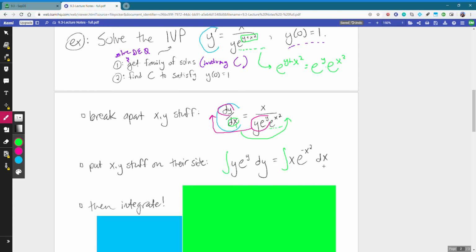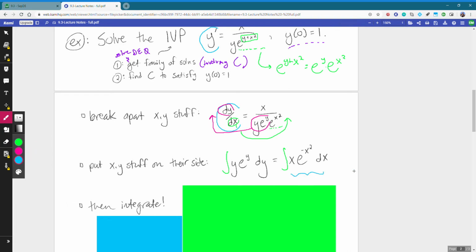Now, looking at our two sides here, we have two separate integrals to think about. We can just do so one at a time. How might we integrate both of these sides? So here we're going to have to use two different techniques.